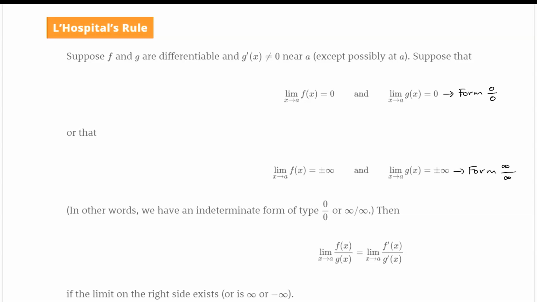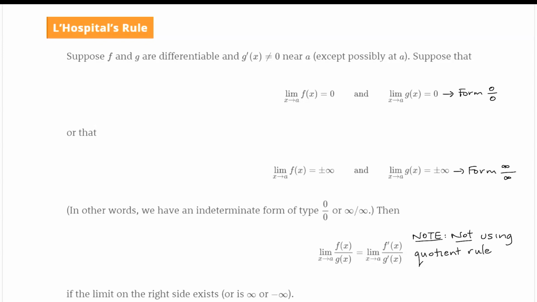Then L'Hopital's rule says that if we want the limit of the ratio f over g as x approaches a, we can get that by taking the limit of f prime over g prime, the ratio of derivatives, as x approaches a.